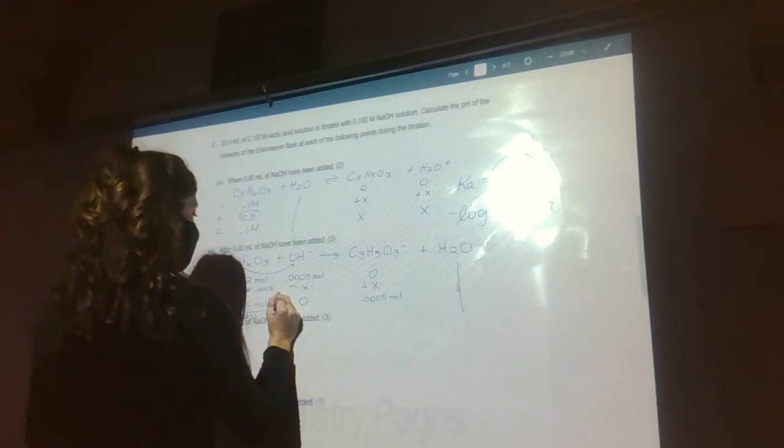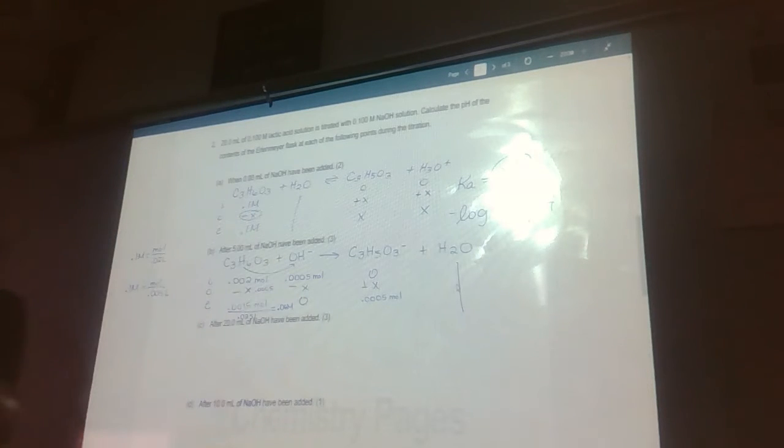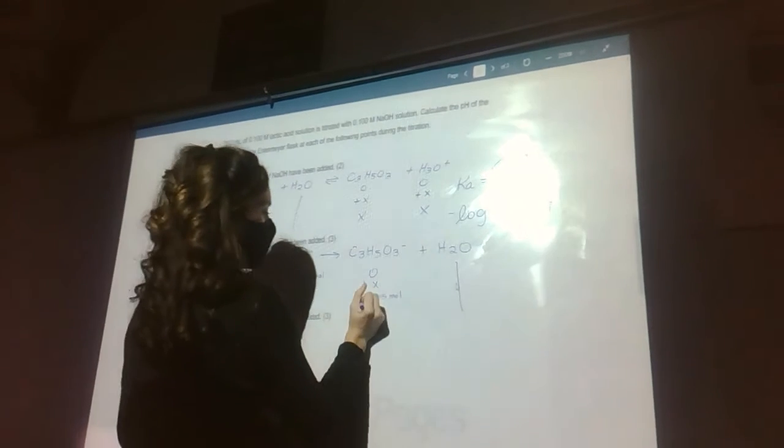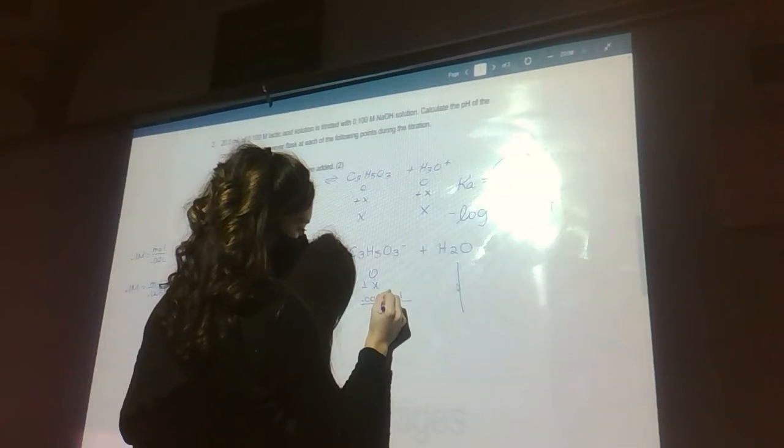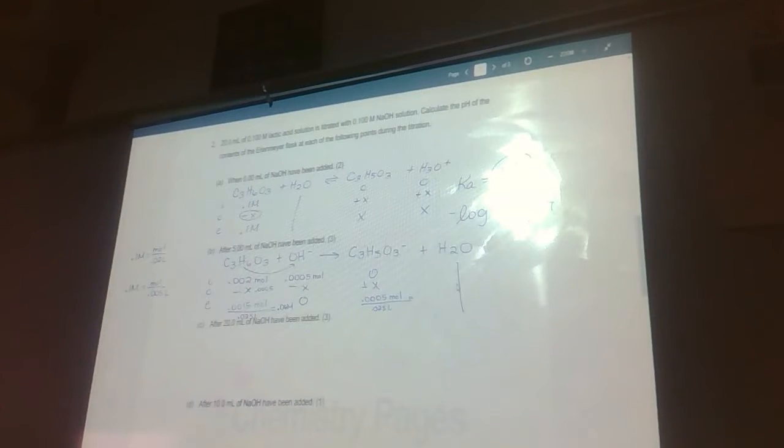That gives 0.06 molar acid, sorry, salt or acid, and this is also 0.025, which gives 0.02 molar.